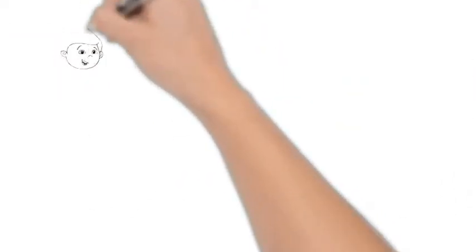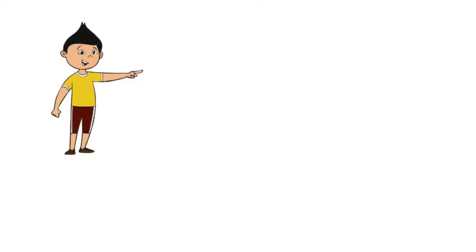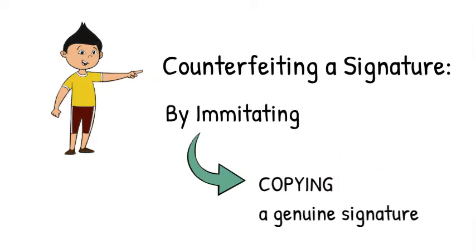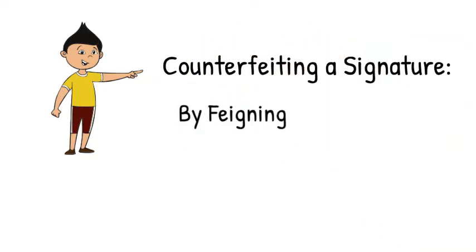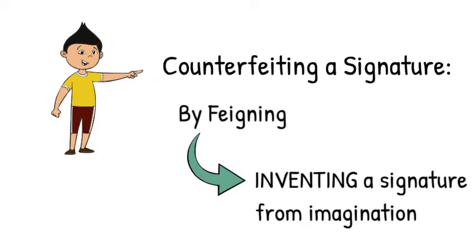So let me put that very simply for you to remember it with ease. When we talk about counterfeiting a signature, we mean either one of 2 ways. It can be imitating, which is the copying of a genuine signature and then passing off the fake signature as the genuine one, or it can be feigning, which is the inventing of a signature purely out of your imagination and using this imagined signature as your own.